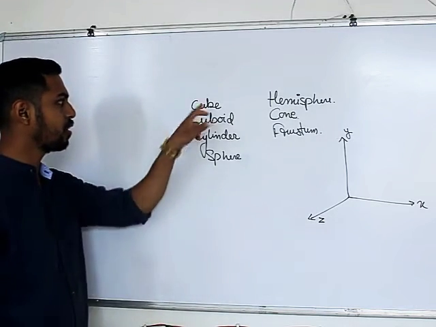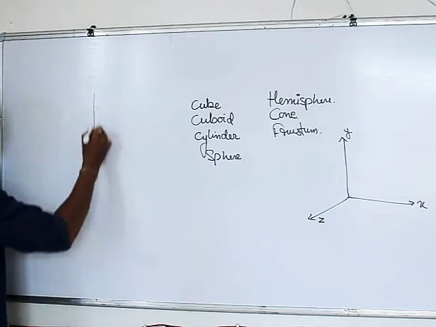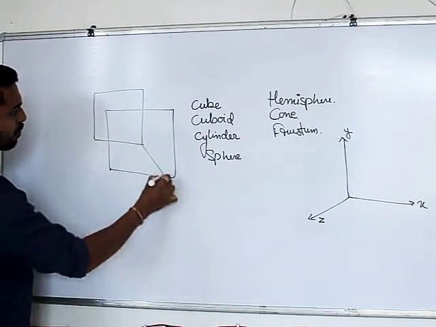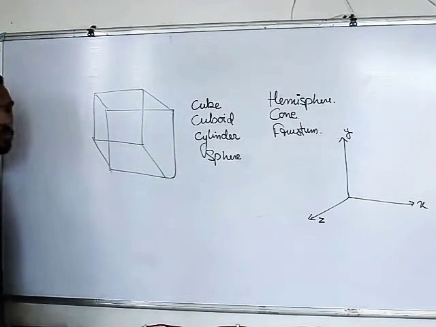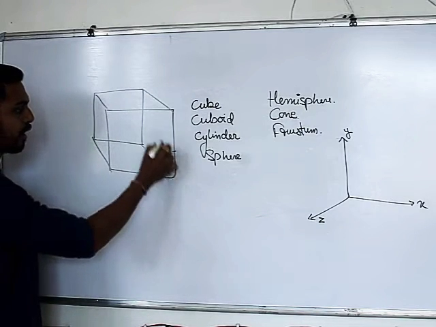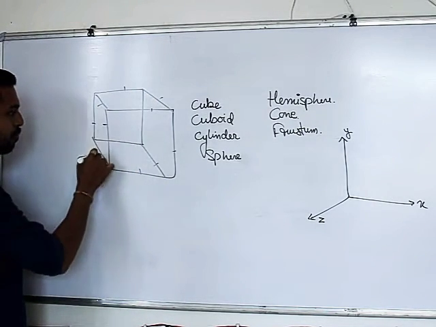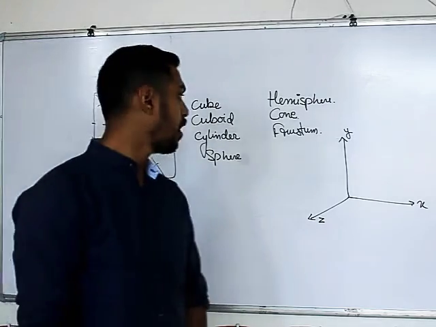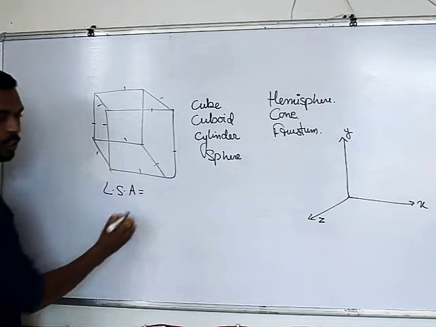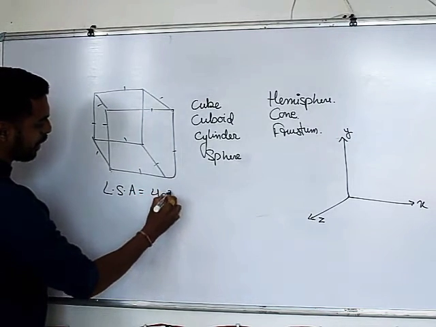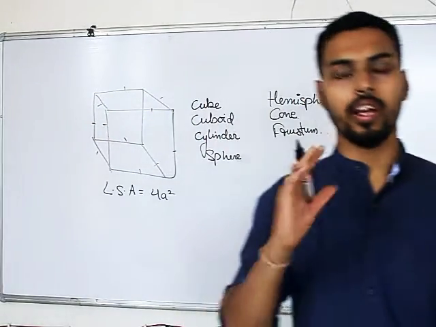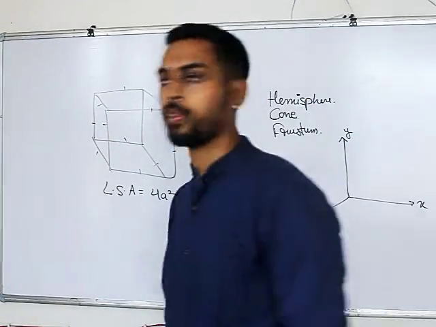So starting from the cube. Cube is the 3-dimensional figure of a square. This is our cube. Okay. So first of all, keep in mind that all the sides of this cube will be same. Then after that, lateral surface area of a cube will be 4a square. 4 into side square will be the lateral surface area of a cube.